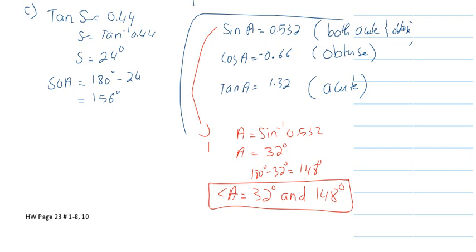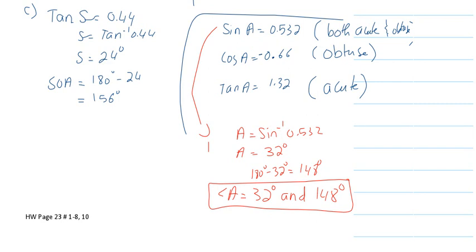When sine A is positive, you're going to have two answers for your angle. If tangent is positive, then it will be only acute. If tangent is negative, then it will be obtuse.